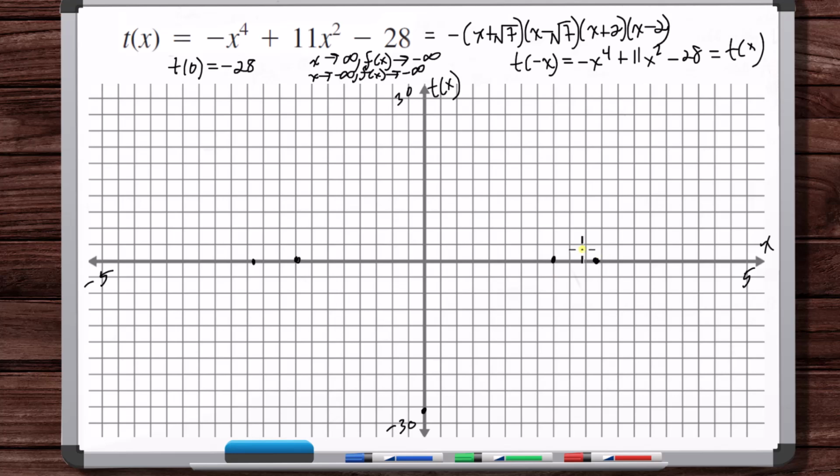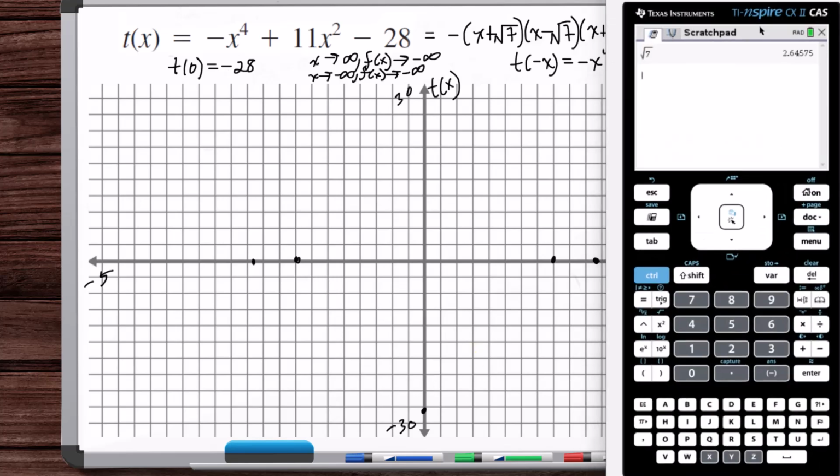Okay, now let's plot, just to get a sense for how high it goes. Let's plot. So, okay, we've got minus x to the fourth plus 11x squared minus 28.